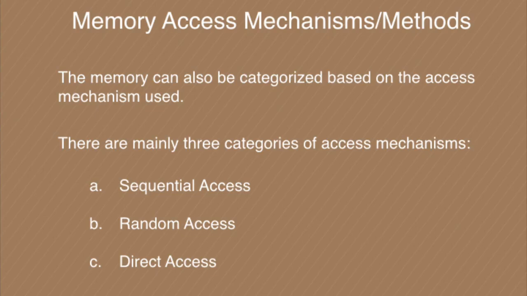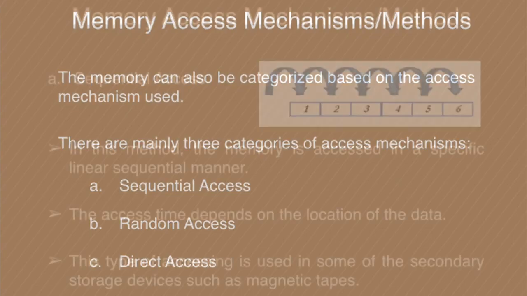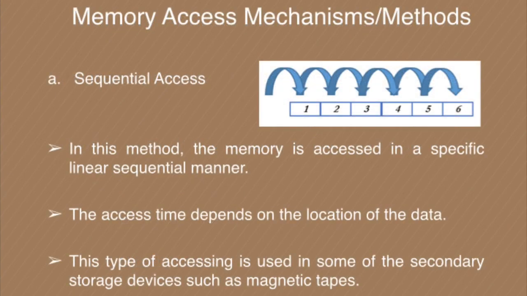Next, we will discuss the different accessing mechanisms or methods used for accessing memory. The memory can also be categorized based on the access mechanism used. There are mainly three categories of access mechanisms: sequential access, random access and direct access. Now we will see them in detail.